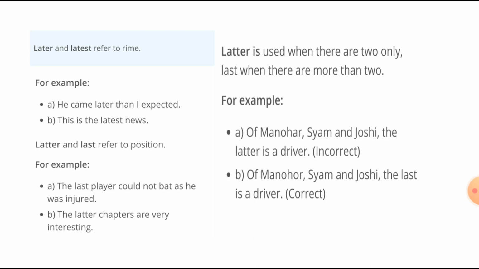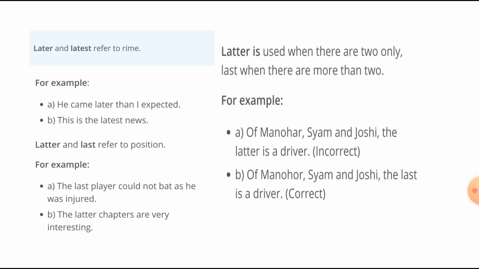The later chapters are very interesting. Here you can see in the previous two examples the time has been mentioned and the third and the fourth one indicate the position. Later is used when there are two only, last when there are more than two.